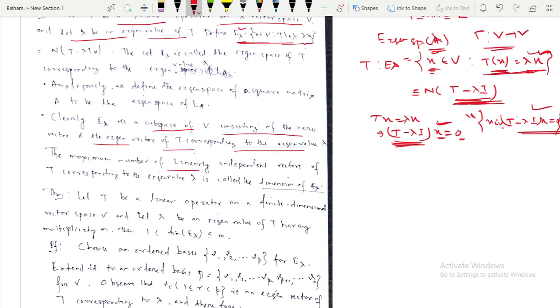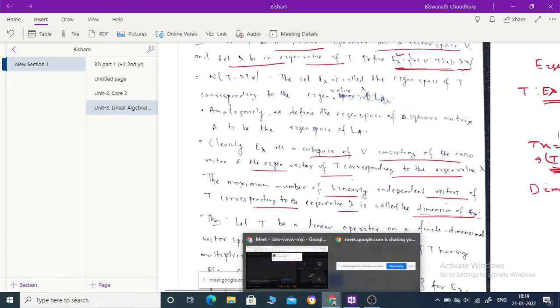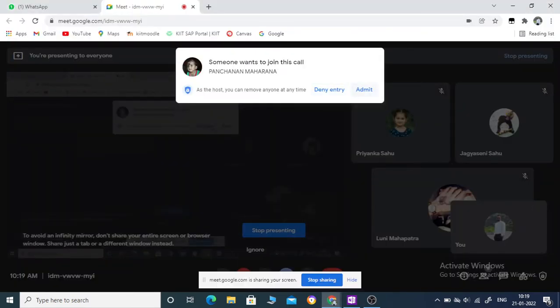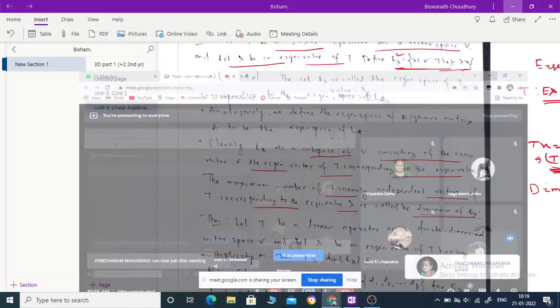Then the maximum number of linearly independent eigenvectors of T corresponding to lambda is the dimension of E lambda. Whatever E lambda you get, find its dimension. The dimension of E lambda, which is the dimension of the null space of T minus lambda I, tells you the number of linearly independent vectors associated with lambda.